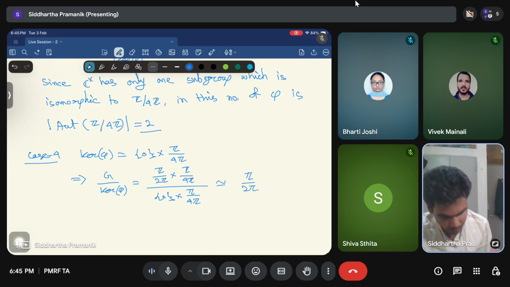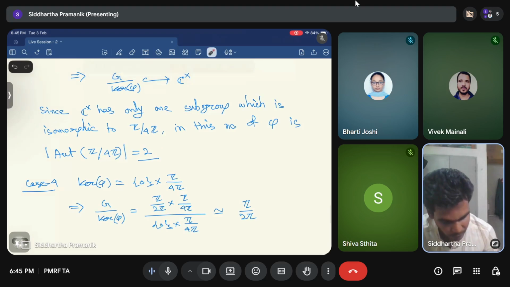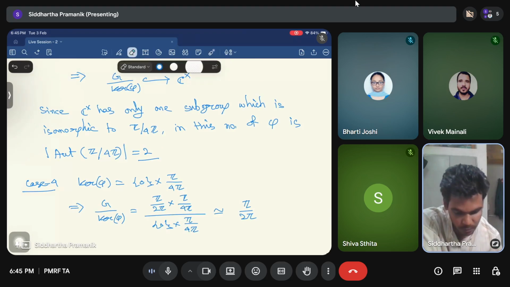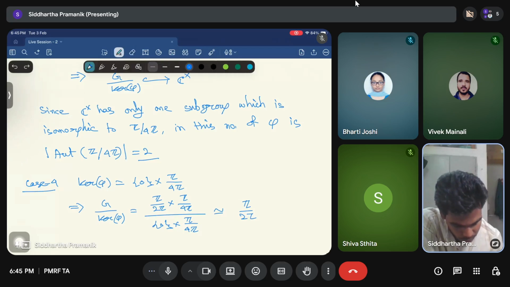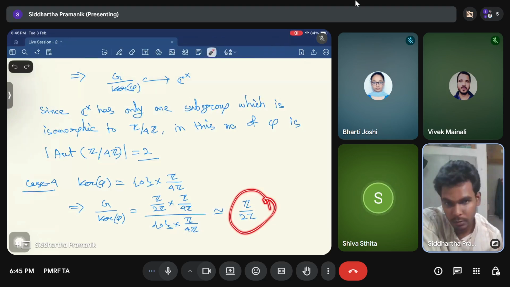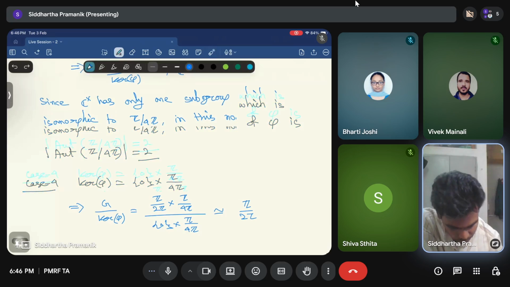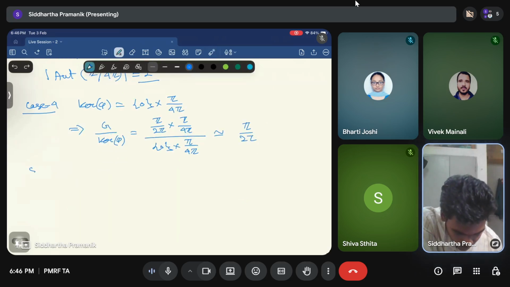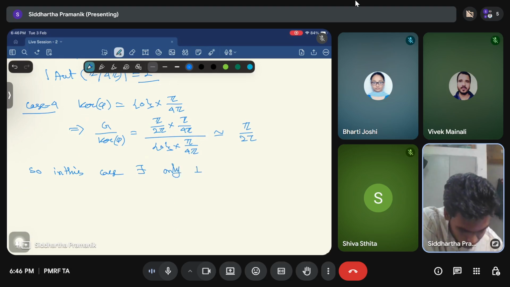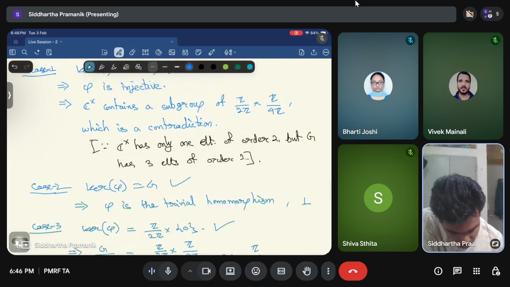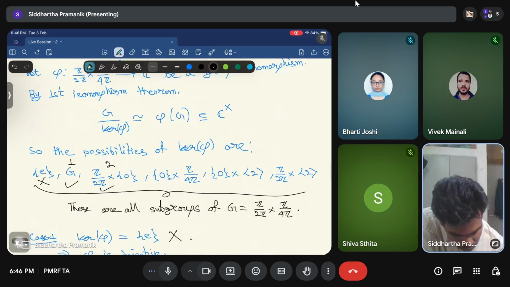Now we need to find how many injective homomorphisms there are from Z mod 2Z to C. Only one, yes, correct. So in this case there exists only one homomorphism. So this is the case 4. This is also possible and we will get 1.